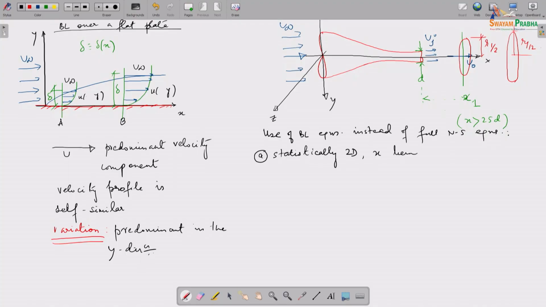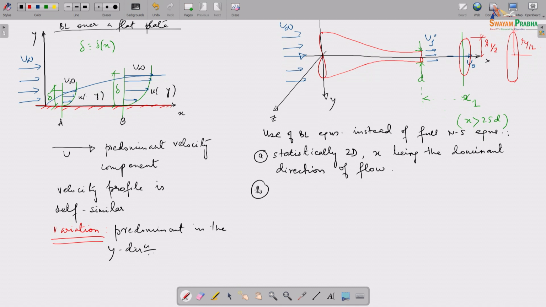So statistically 2D, x being the dominant direction of flow. So that is what I mean.